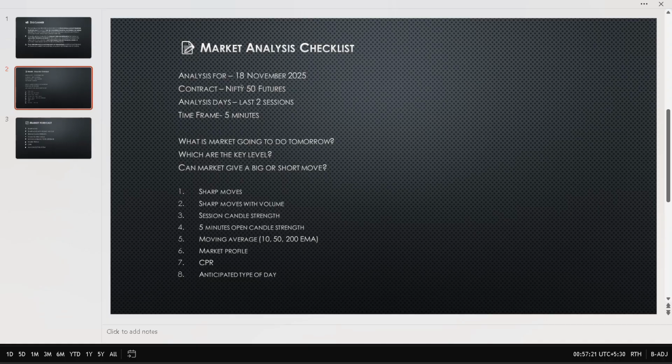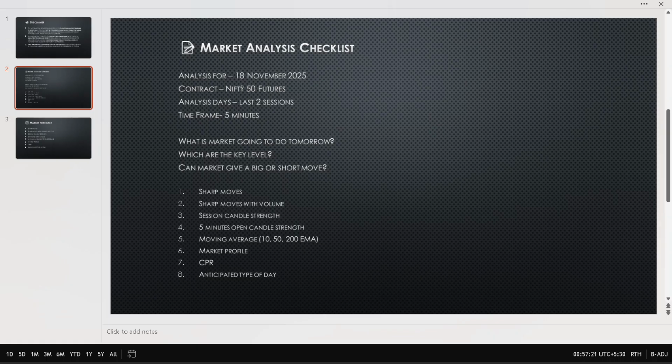To analyze Nifty 50 for 18th of November, we will use the last two sessions. We will understand how the market performed, which players actually took control of the price, and what kind of movement happened. Based on that, we will come to a speculative analysis for 18th November.